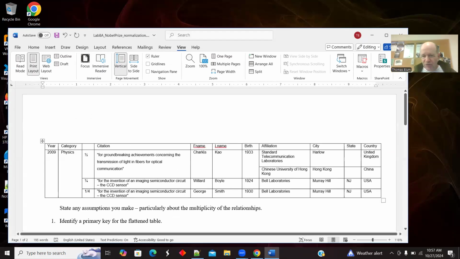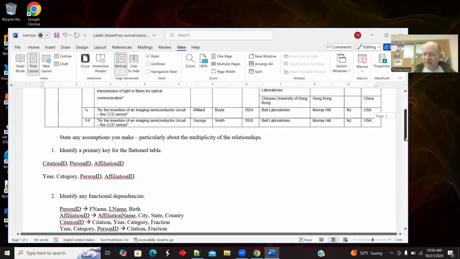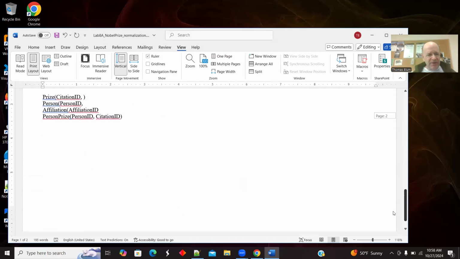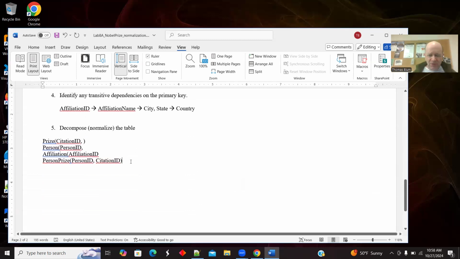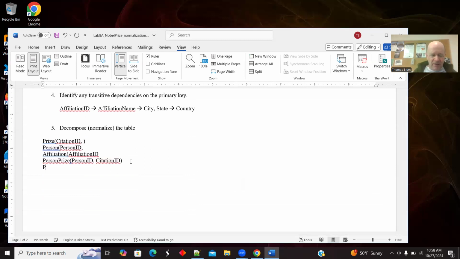A person, Charles, can have many affiliations, and an affiliation, like Bell Labs, can have many people. So that is a many-to-many relationship and is going to require its own bridge table. So we will say there's a person affiliation. So we'll need a person ID and an affiliation ID.